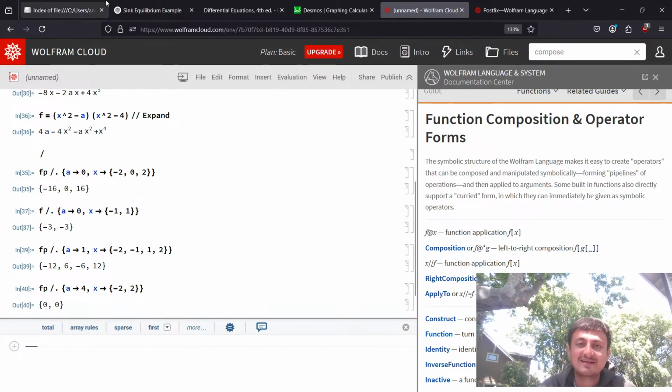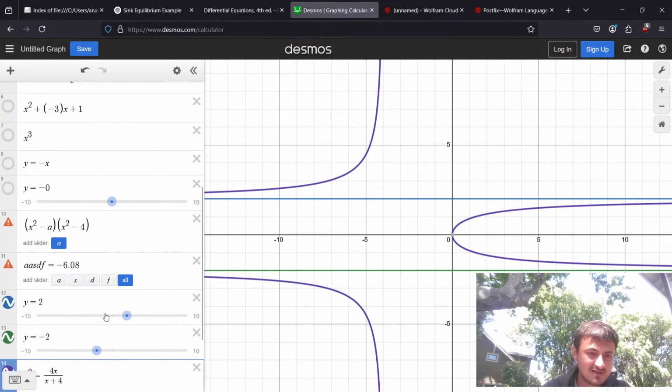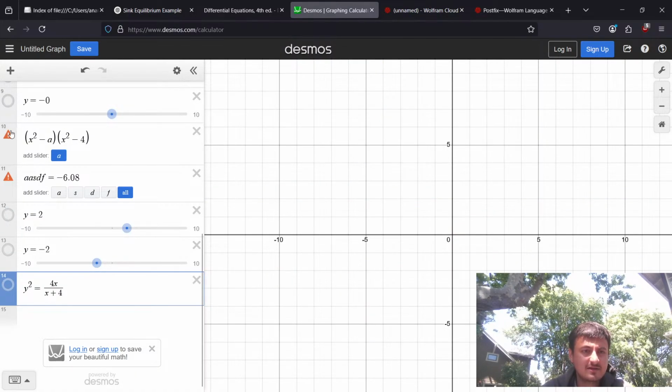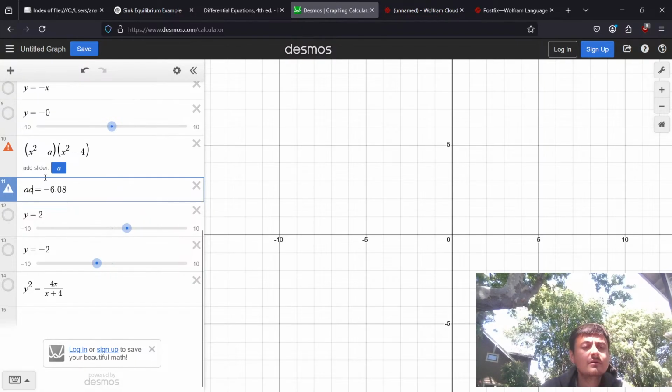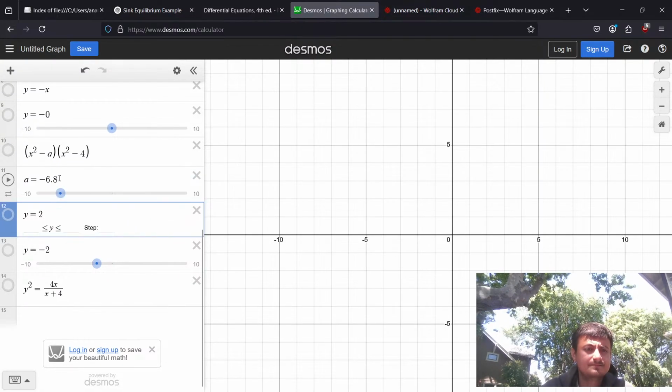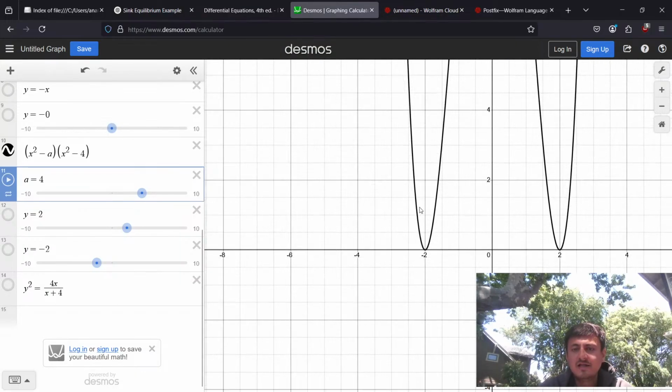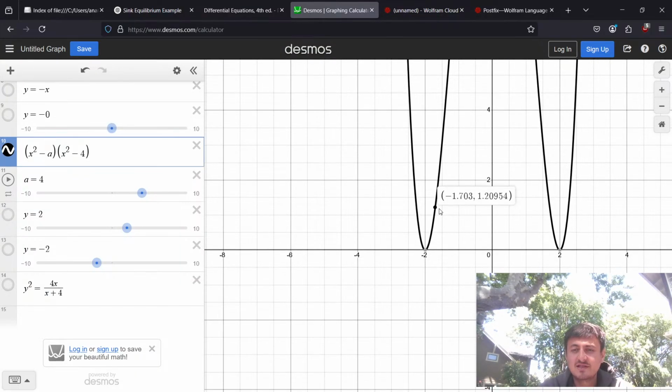Is it's possible to construct. So wait, let's go back to this graph. So here, it's positive on this side and it's positive on this side. So therefore, that's a node. And then this one also has the same thing. So that's also a node.